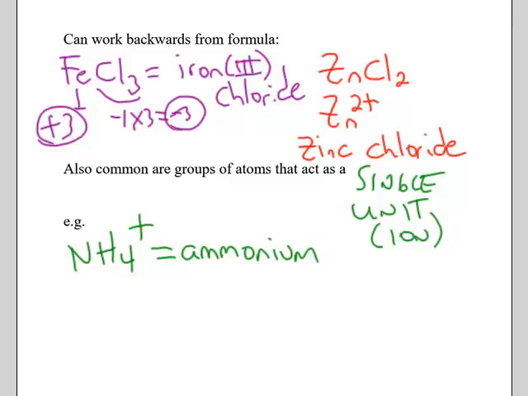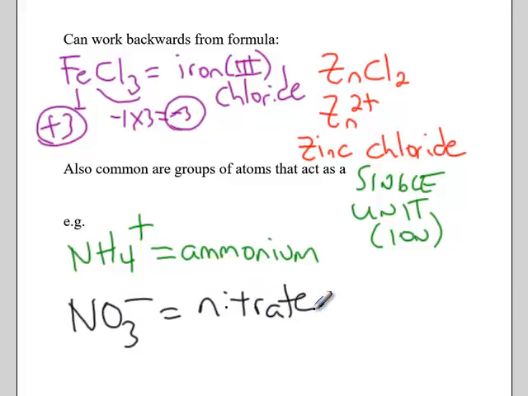There are many polyatomic anions, for example, NO3 minus, which is called the nitrate anion.